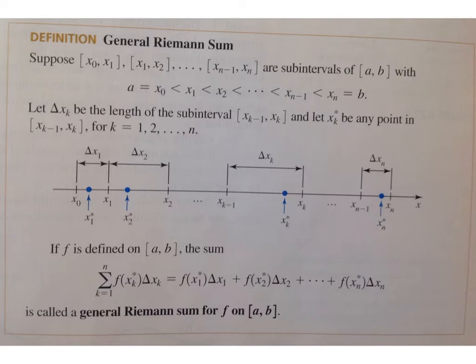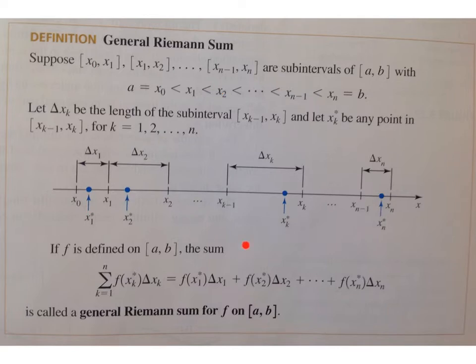But a general Riemann sum is exactly the same idea, the difference being that we're going to have different size intervals as we go. So then we're going to actually label the change in x, so our base of all our rectangles would have an individual assignment, as opposed to the way we were doing it before, where the change in x was all the same.